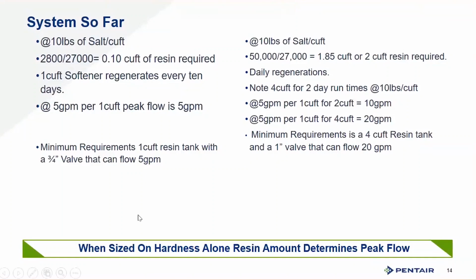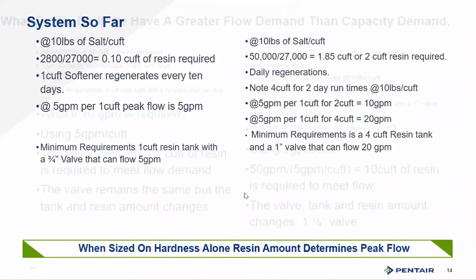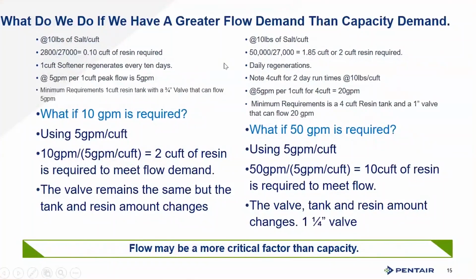So when sized on hardness alone, the resin amount determines the peak flow we can put through that softener, period. Or we're going to lose our kinetics, or we're not going to be very efficient on water or salt use. So what do we do if we have a greater flow demand than capacity? I just shrunk down the information from the previous slides here. What if I have a home where 10 GPM is required?